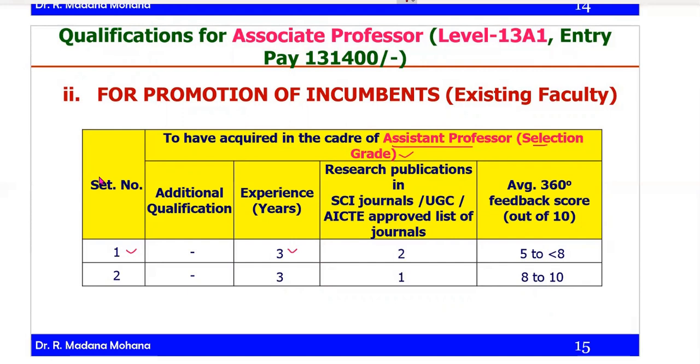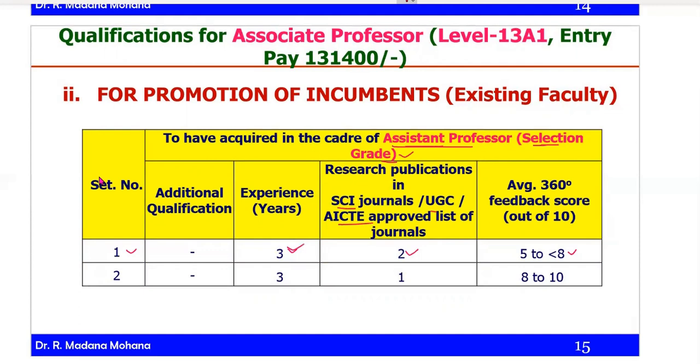So then total publications, same in SCI journals or UGC or AICTE approved journals, 2. Then average of 360 degrees feedback score out of 10, 5 to less than 8. This is set 1. So all these requirements should be in the cadre of assistant professor selection grade. So with this grade, minimum 3 years experience is required.